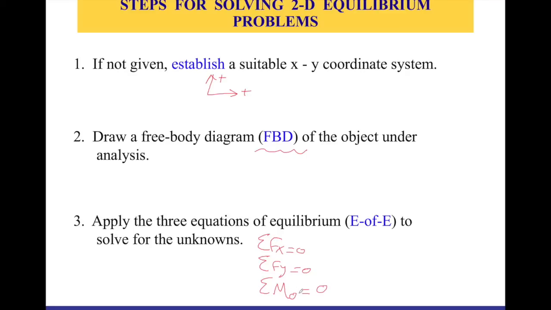As I mentioned before, this point should be selected in such a way as to simplify our analysis, and I always select the point that has the largest number of unknowns passing through it. So those are the three steps to solving two-dimensional equilibrium problems of a rigid body at static equilibrium.